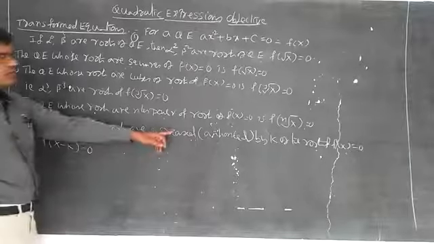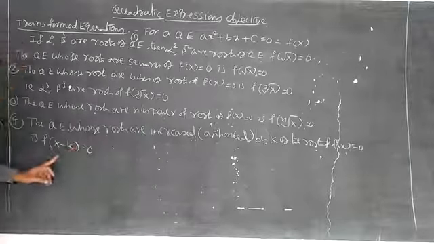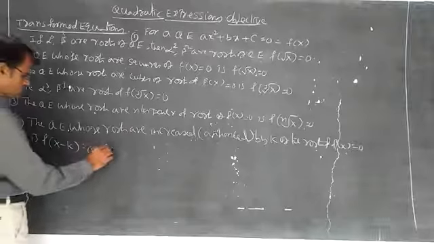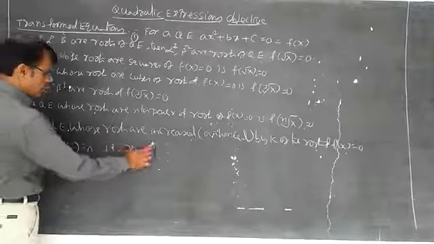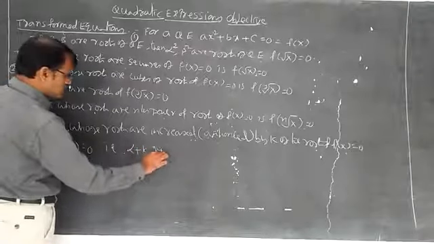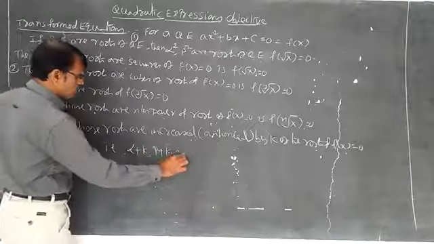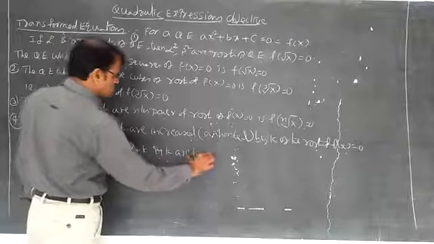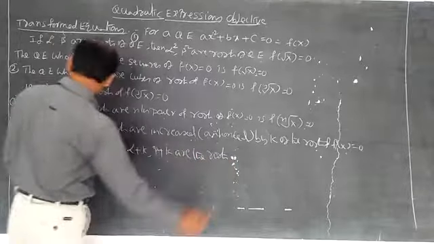Whenever there is increasing, here the formula is decreasing. That is, alpha plus k, beta plus k are the roots.